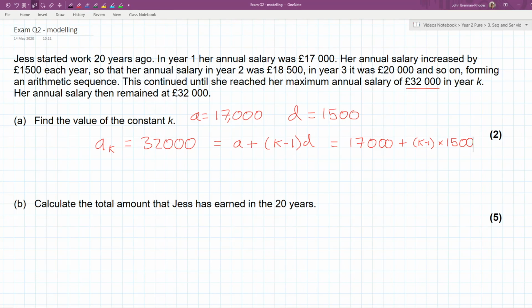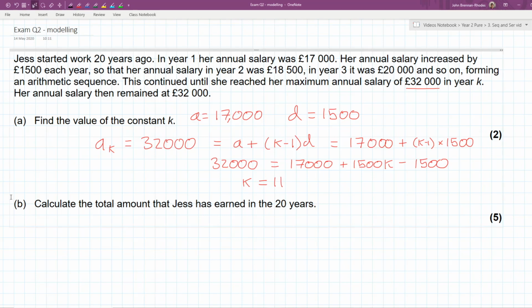And now it's just a case of equating that to 32,000. So the equation we're trying to solve is 32,000 is equal to this, which is 17,000 plus 1,500K minus 1,500. So putting that onto the other side, I am going to get that K is equal to 11 when I solve that equation.